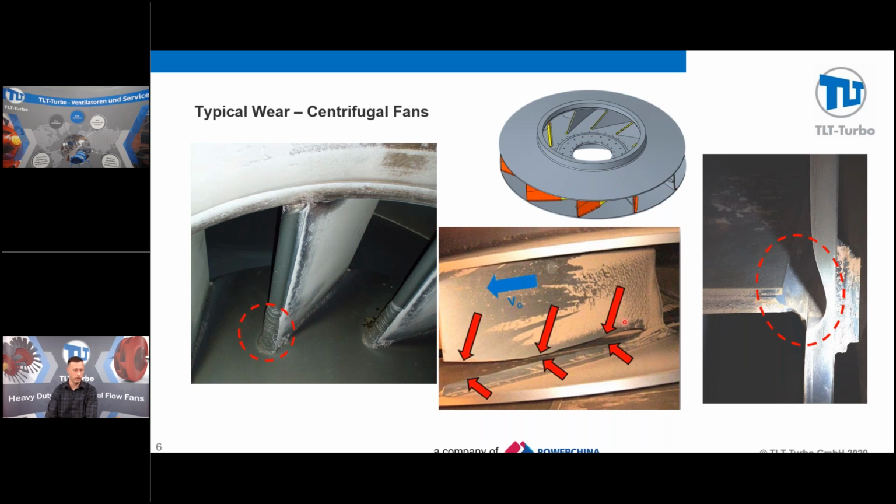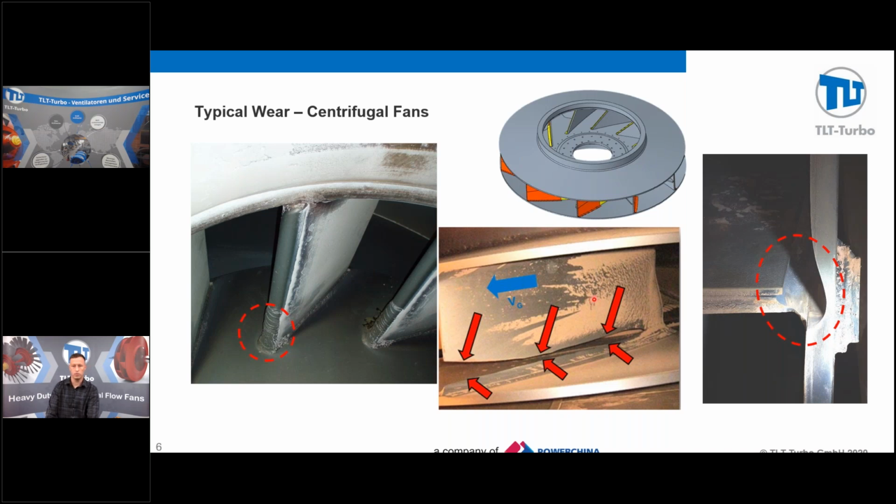This fan was still in operation, still performing. You're going to see a lack of performance, but even with only maybe 1/8 of the fan blade actually still attached to the backing plate, the structure of the fan was still sound enough to survive. So there's a lot that goes into fans that are going to be in erosive environments on the structural design and the allowances for blades to be deteriorated.